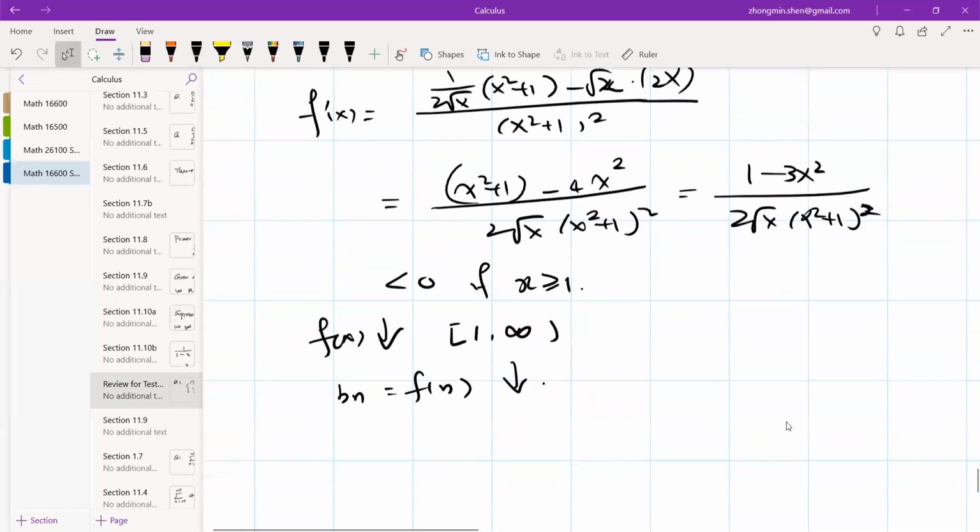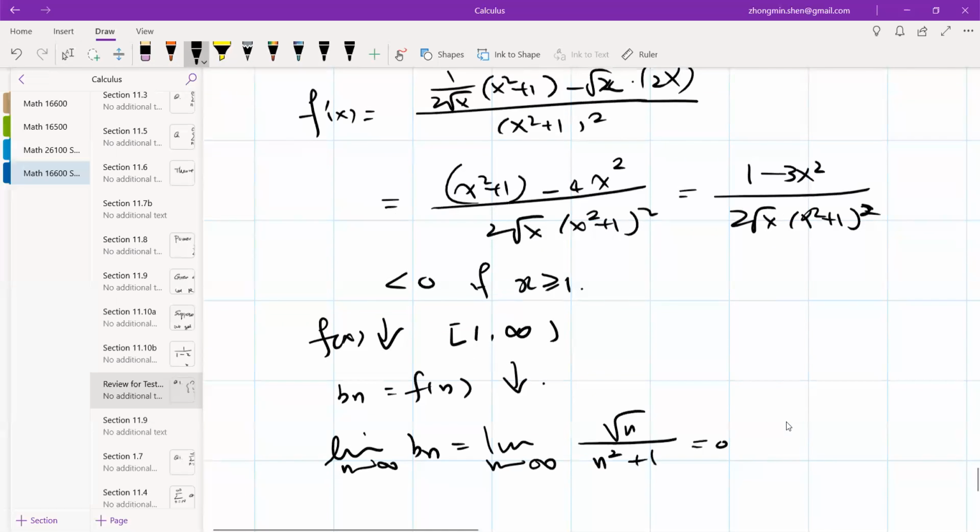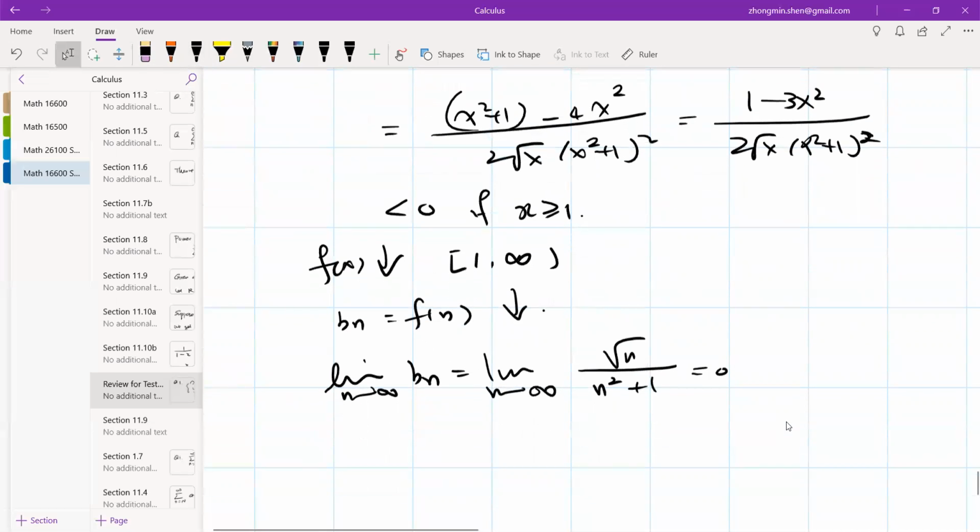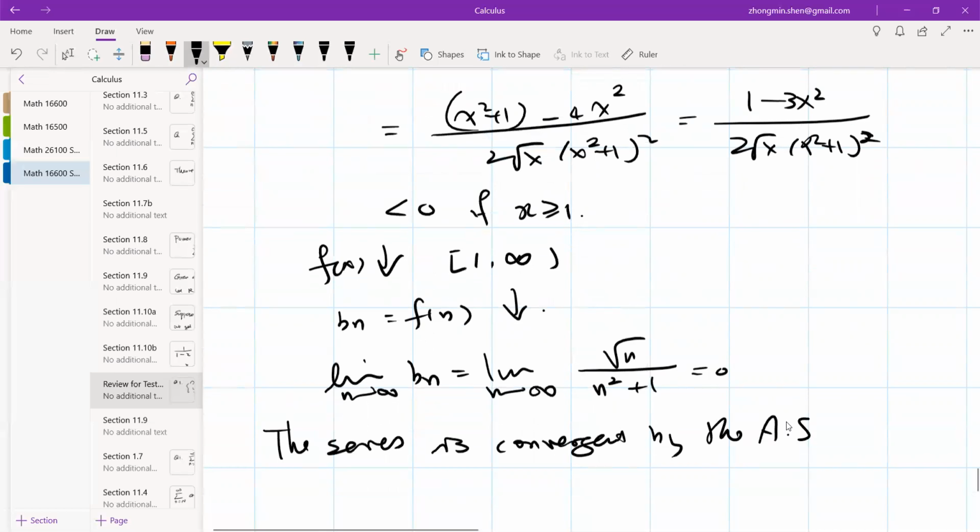So the limit of Bn as n approaches infinity is clearly going to be 0. Therefore you can say it's convergent by the alternating series test. So the series is convergent by the alternating series test.